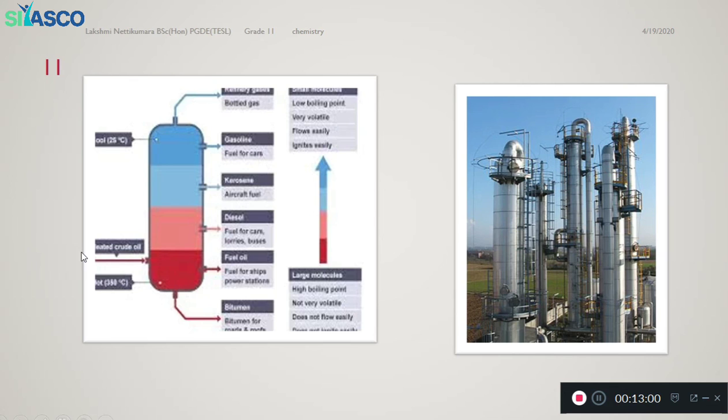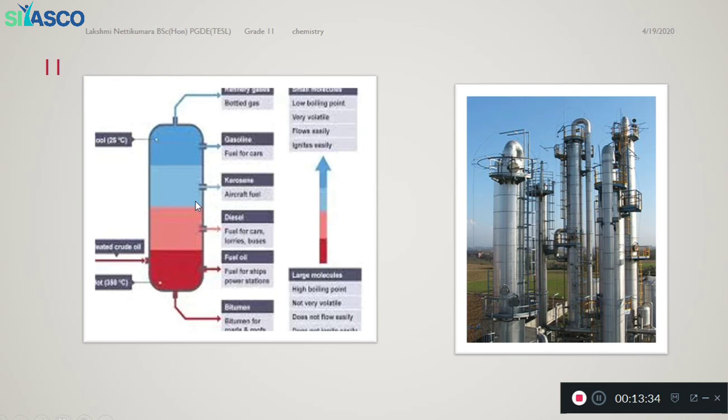So within this column, what will happen? The temperatures at different heights get different values. Here at the bottom gets the highest temperature and the upper part gets less. So it is clear that from the top you can get highly volatile compounds, and they have very low boiling points.